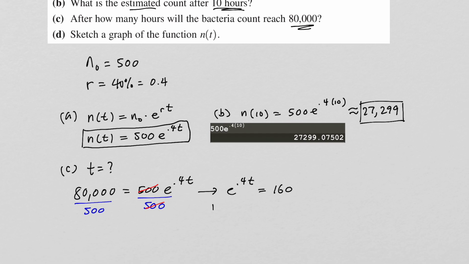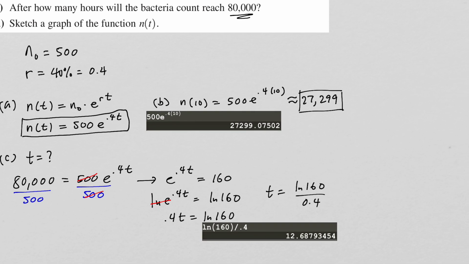And then we can take a natural log of both sides. That's going to cancel this out here, and we get 0.4t equals the natural log of 160. And so t will be natural log of 160 divided by 0.4. And this gives us approximately 12.7. And this will be hours, because time is measured in hours in this example.